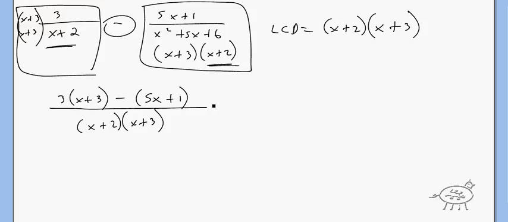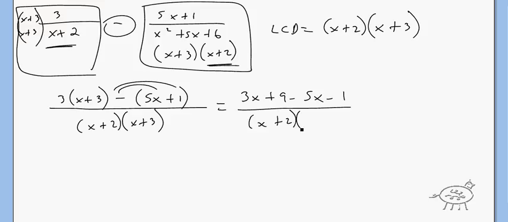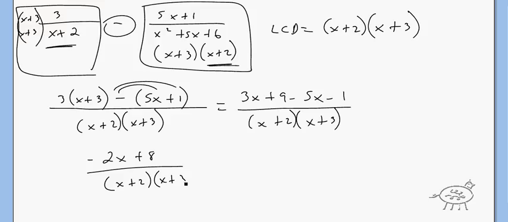Now I want you guys to distribute. So you get 3x plus 9, and don't forget the negative, so it's negative 5x minus 1 over x plus 2, x plus 3. Combine like terms. 3x minus 5x is negative 2x. 9 minus 1 is positive 8 over x plus 2, x plus 3.